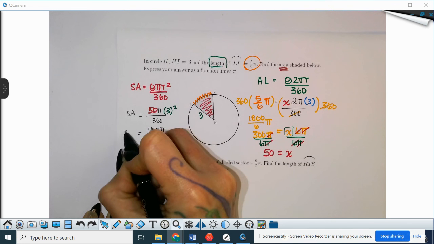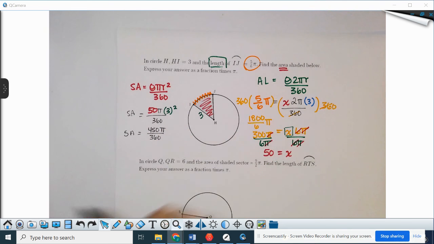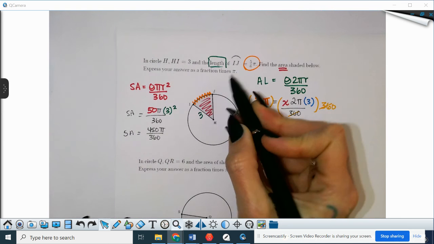So if I type in 450 divided by 360 into Desmos, you will see over to the left-hand side it looks like a little fraction where they normally have the color when they're graphing the line. If you click that, it will simplify that fraction for you because you do need it in fraction form, like they said, with pi.